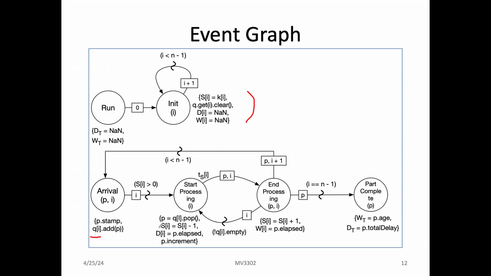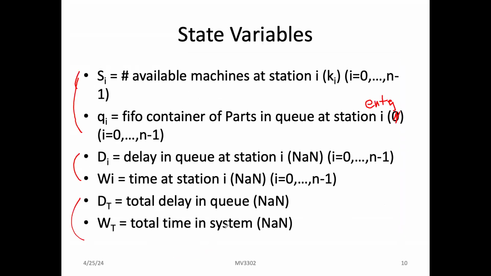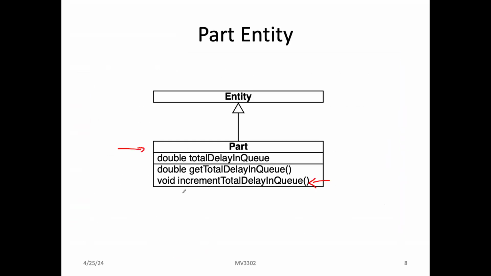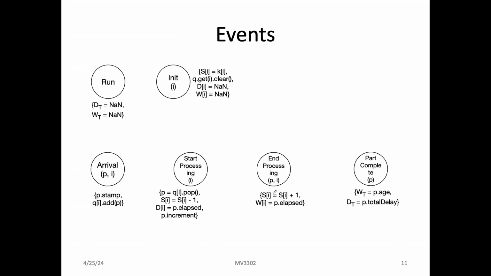This is all just like the entity server. And here's where we call that increment method on our part. Remember, we defined increment total delay in queue, but I'm going to abbreviate that to just increment here.